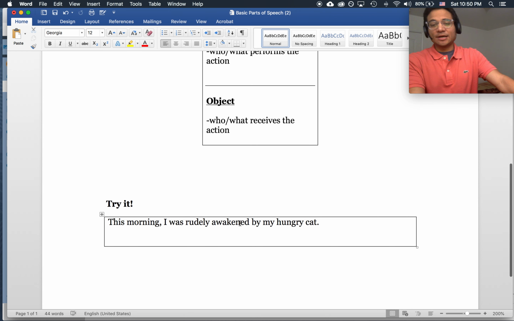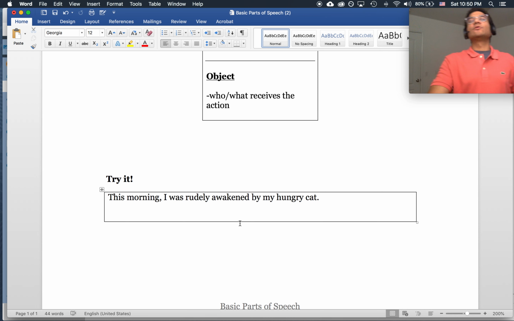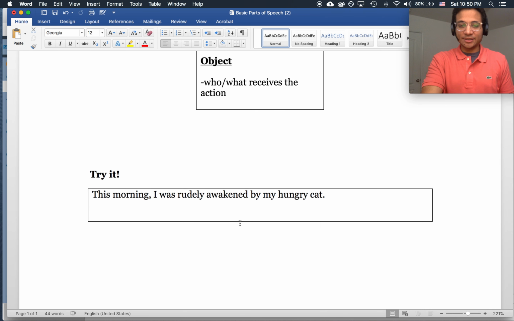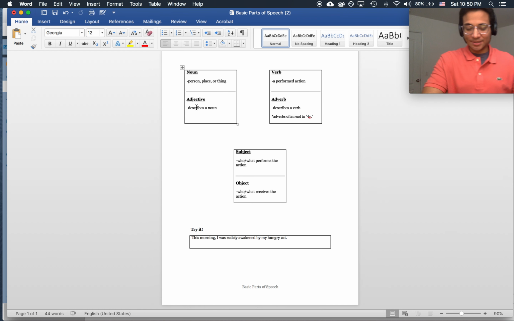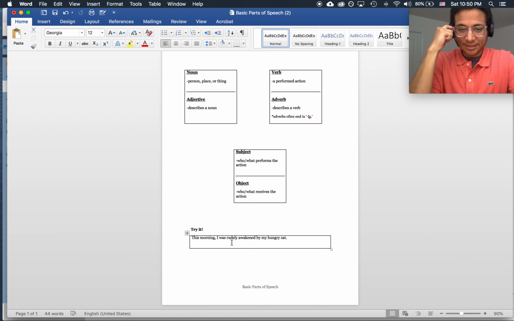This morning, I was rudely awakened by my hungry cat. Let's look at it like that. What's the action, first of all? What's the verb? That's right, awakened. So we'll make it red.